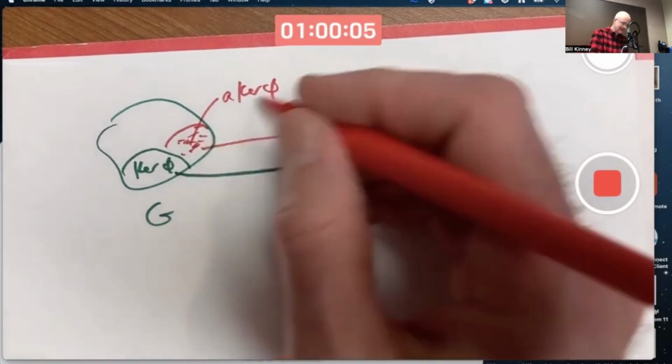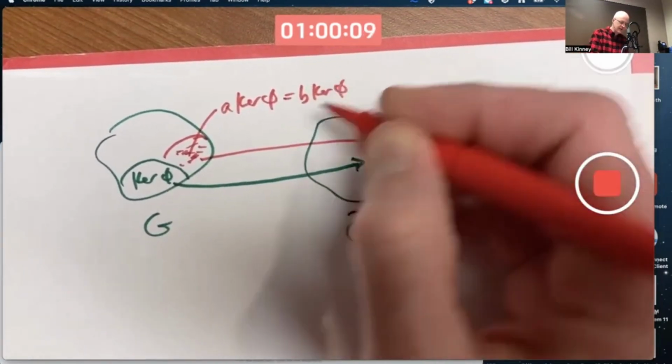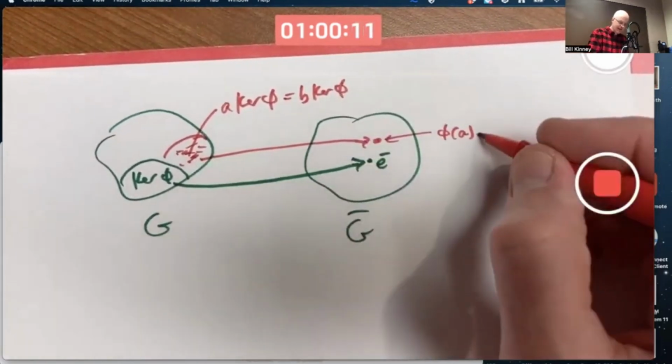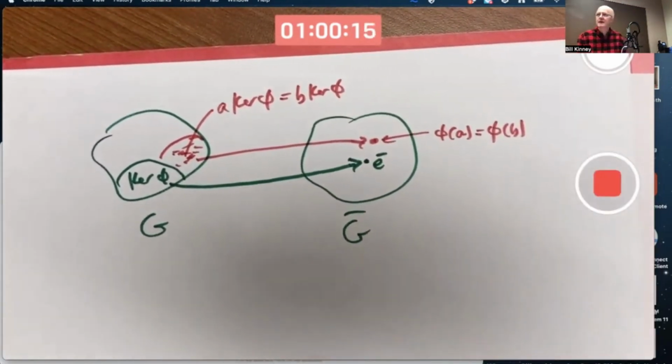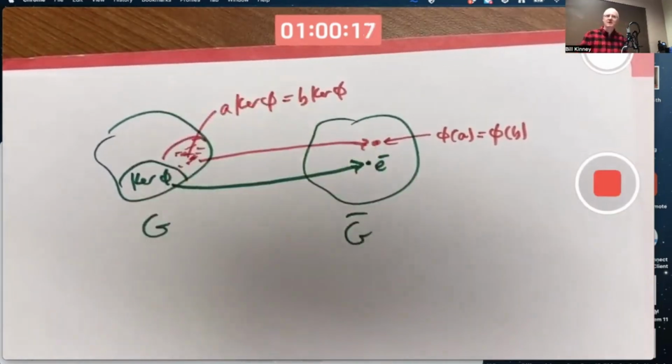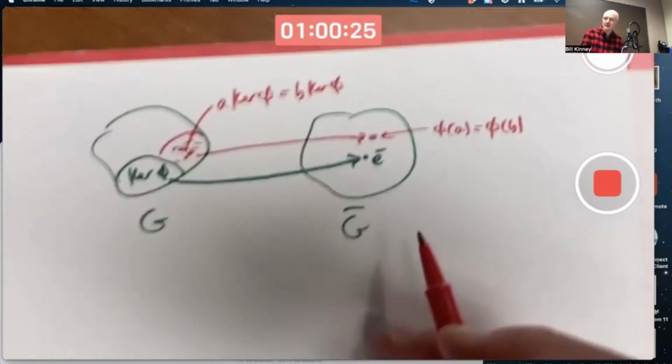You've got another coset representative, b, for this coset, and that part of the theorem says phi of a equals phi of b. And that's true for all the cosets over here. Homomorphisms collapse cosets of the kernel to individual points over here.